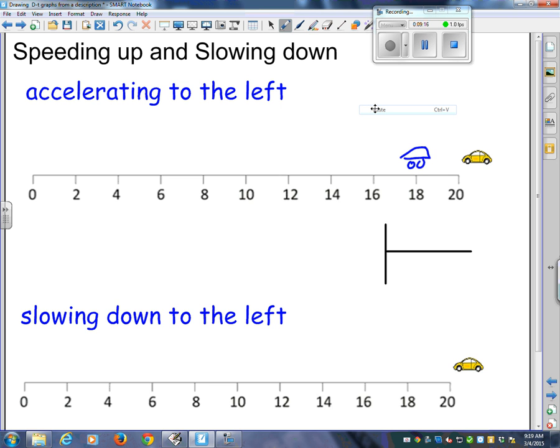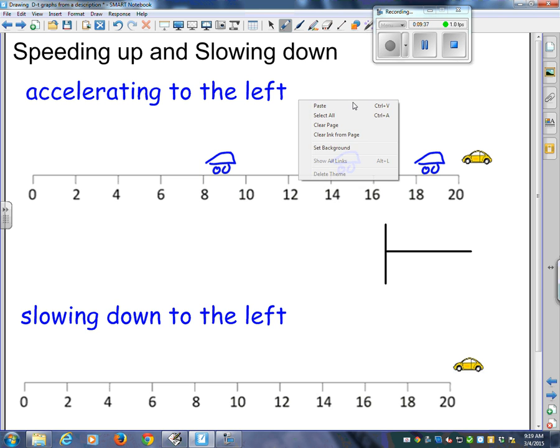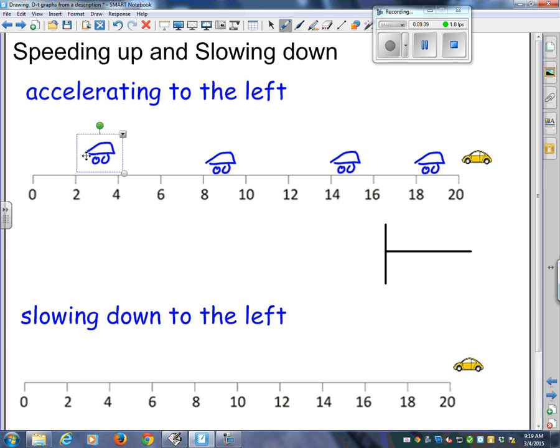Okay, so now where should I draw the next one? This is at the start, right? So this guy here should be right there. So 14, and then maybe 10. Oh no, maybe 8, right? Okay, good, 0. Accelerating to the left, right?